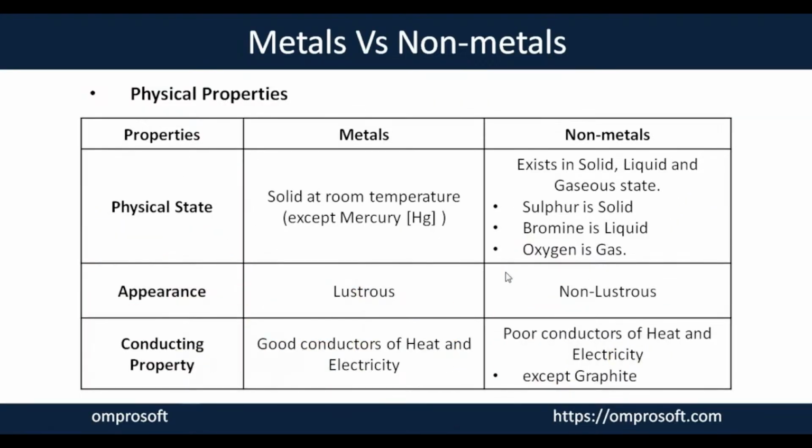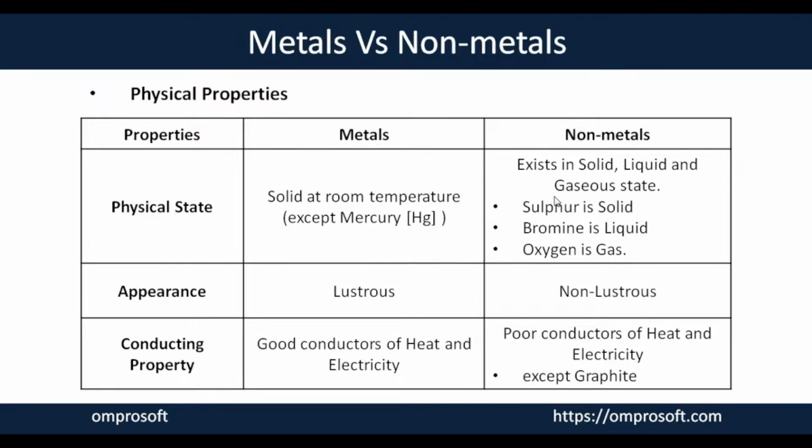Now other differences. On the basis of physical state, metals at room temperature are solid in state except mercury, which is the only metal present in liquid state at room temperature. If you consider non-metals, non-metals can exist in solid, liquid and gaseous states.